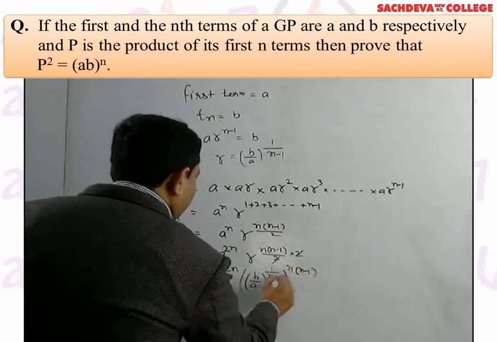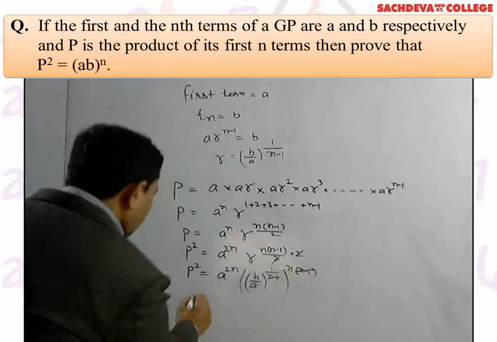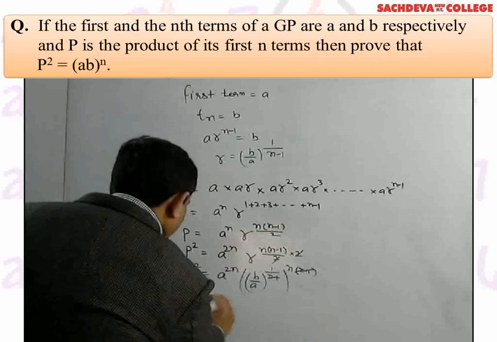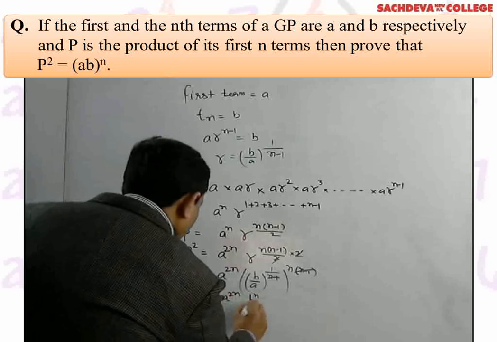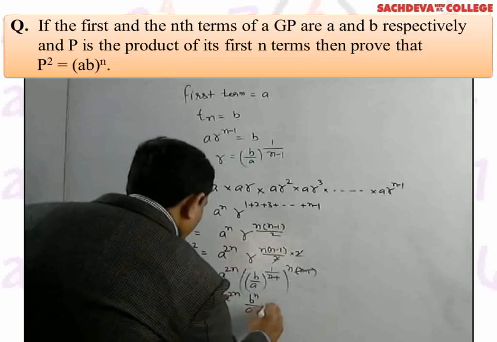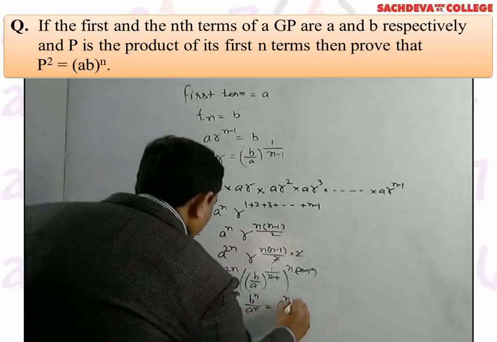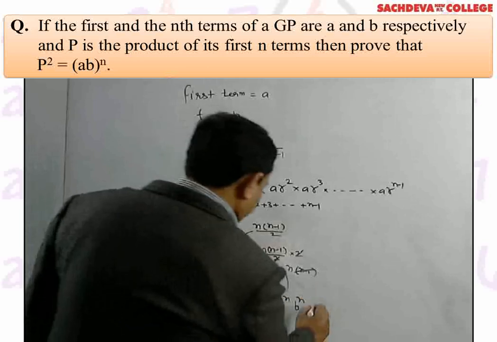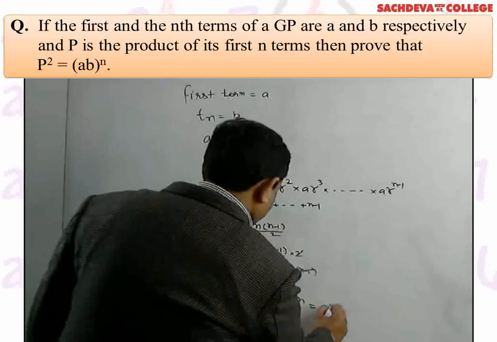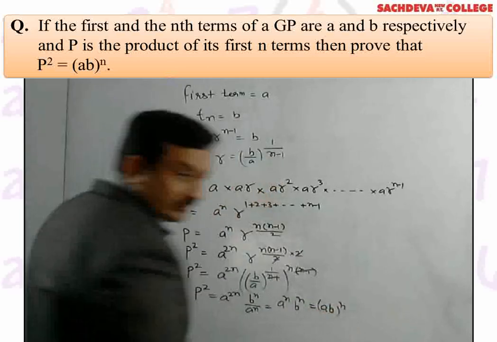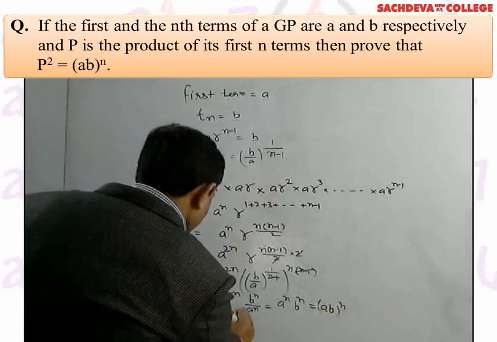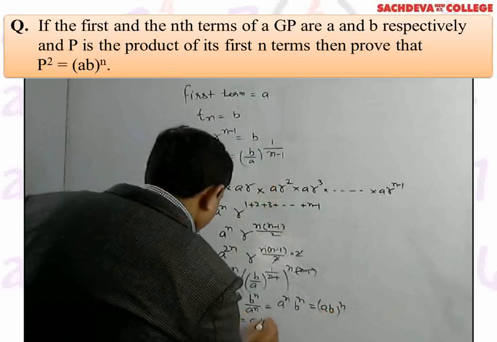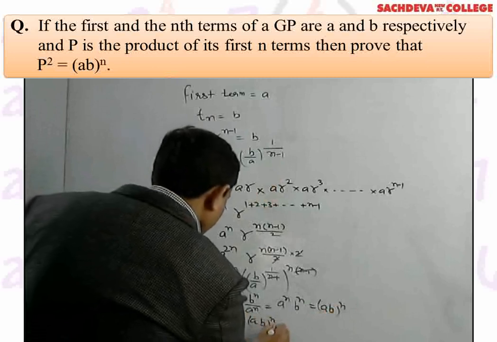So n minus 1 cancels by n minus 1. So P squared will be equal to A to the power 2n into B to the power n upon A to the power n, or will be equal to A to the power n into B to the power n, or will be (AB) to the power n. So P squared is equal to (AB) to the power n, hence proved.